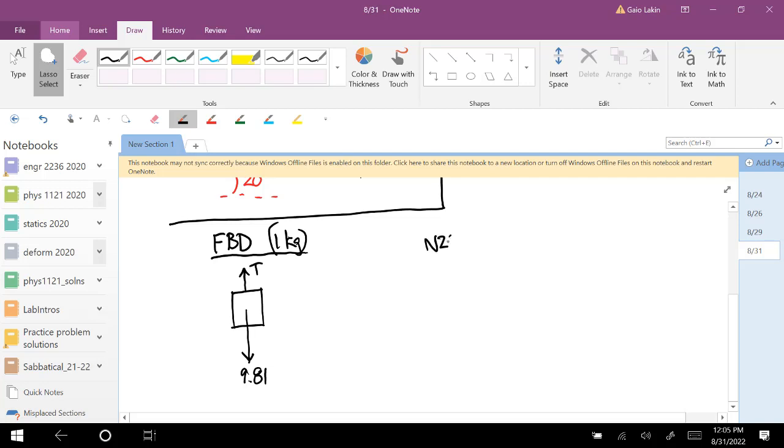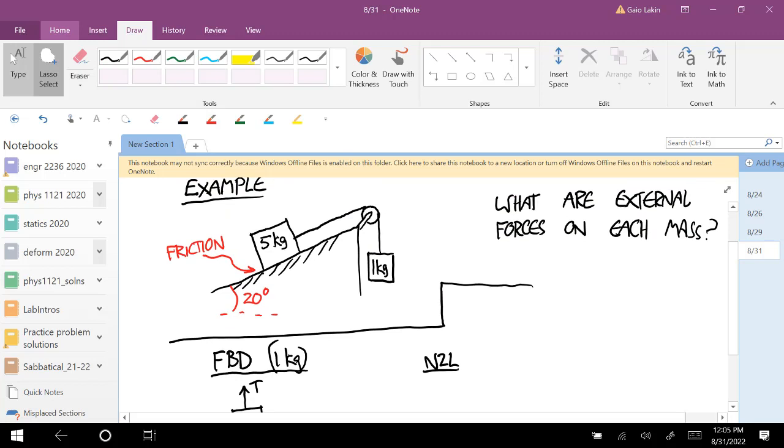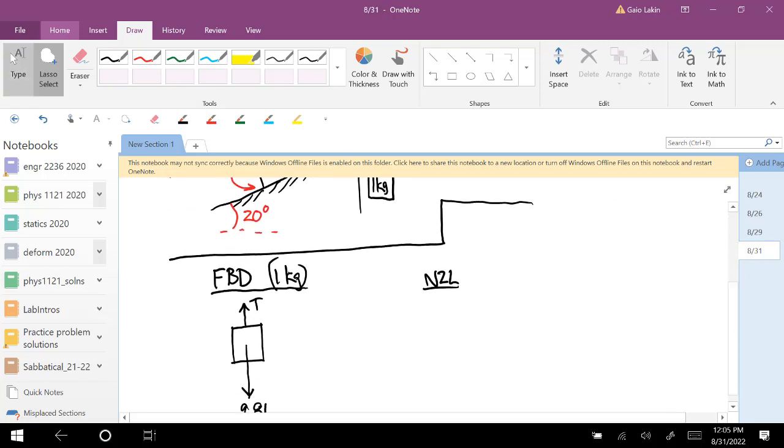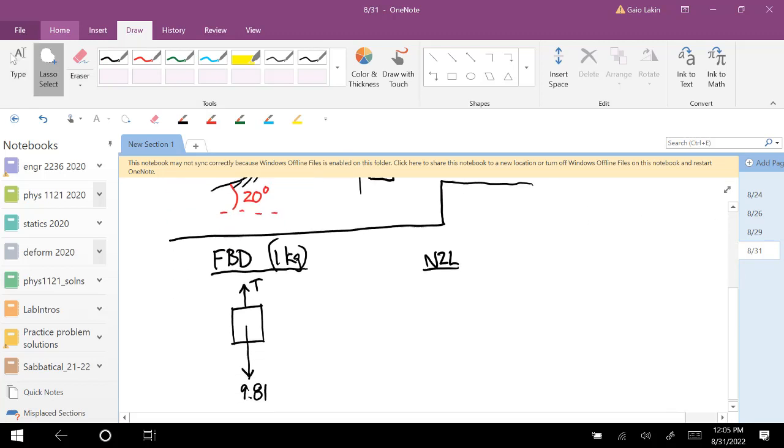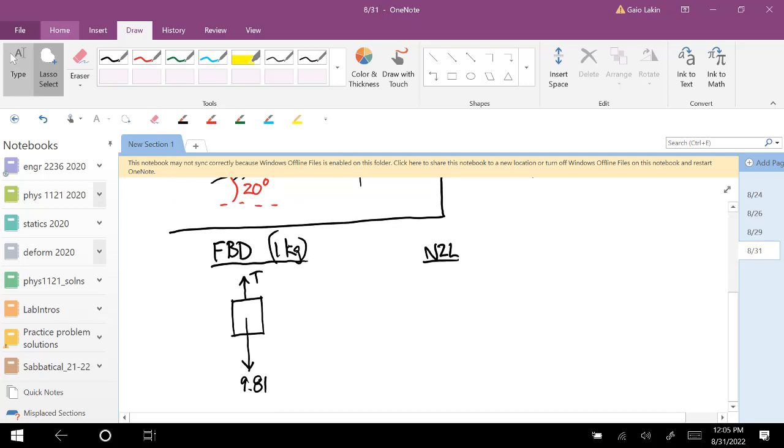And I'll write out Newton's second law. This system is in static equilibrium. Everything's at rest, so there's no acceleration. So Newton's second law says we have 0, negative 9.81. That weight force is in the negative y direction. I didn't write this, but I'm just going to use a coordinate system like this for the whole thing.